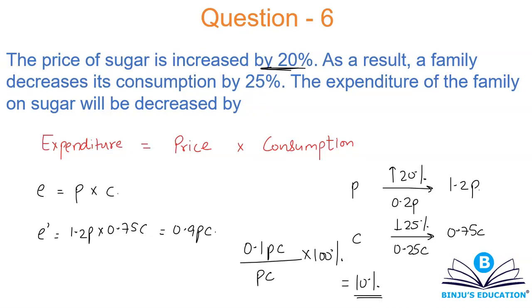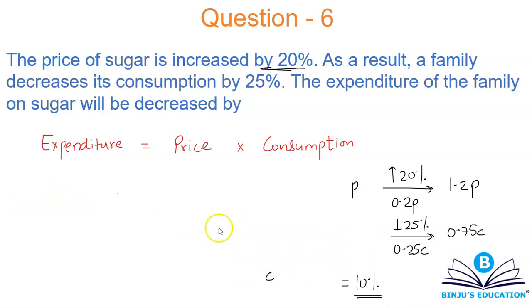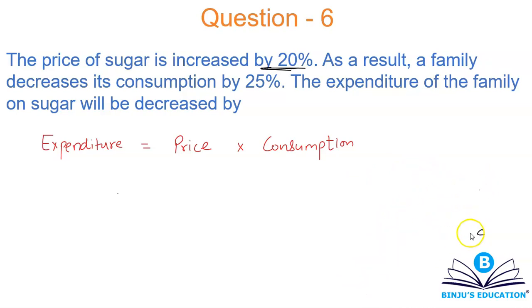Another way of solving this question is, if you observe carefully, when you talk about expenditure, you don't even need to know this relationship. It's common logic that your expenditure is always equal to price per unit multiplied by the consumption, right? So this is basically like successive percentage changes because the two values are being multiplied. First increase by 20, then decrease by 25.